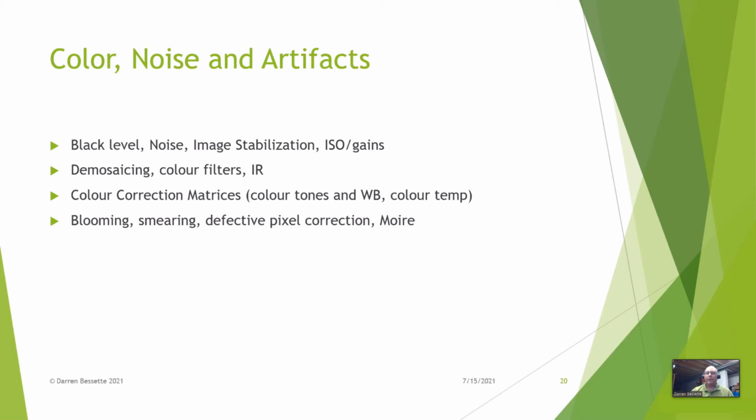So when it comes to color, there are different ways of addressing it. We talked about the black level, the noise, and the image stabilization and all that. But there's also this thing called demosaicing, and I'm going to go into that a little bit later. That's the process in which you get the color information out of the sensor, and you're able to artificially provide the color for the areas that are missing.